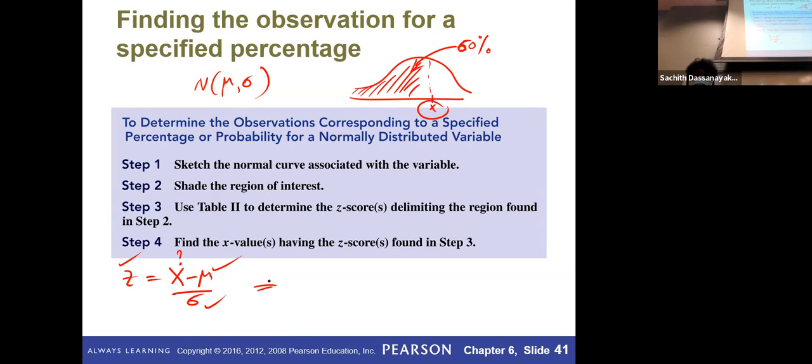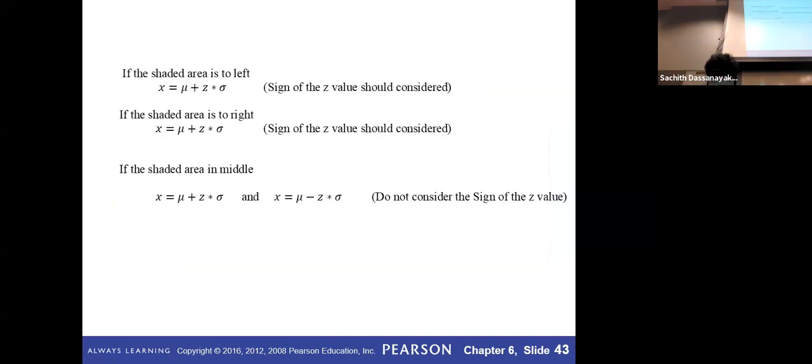If I isolate capital X in this formula, cross multiplying both sides by sigma, I can write x equals mu plus z times sigma. Clear? You will have this equation later in the next slide.